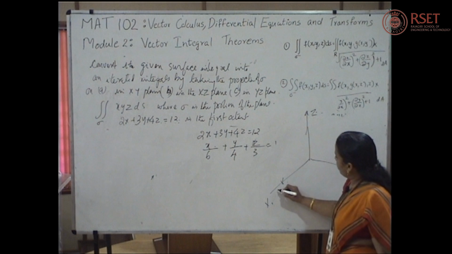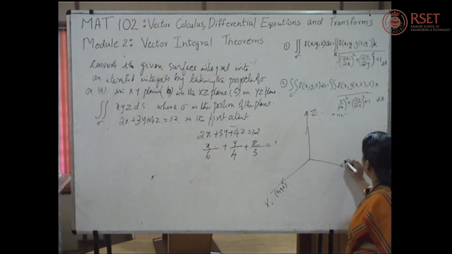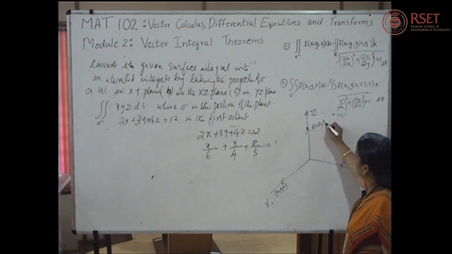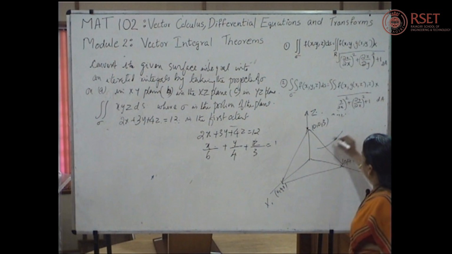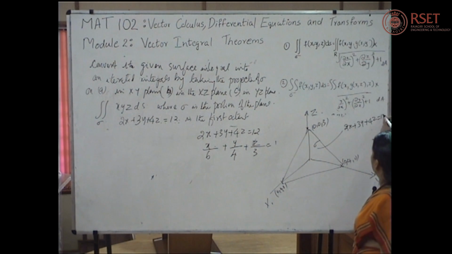The x-intercept is at 6, 0, 0, y-intercept at 0, 4, 0 and z-intercept at 0, 0, 3. This is sigma. Sigma is 2x plus 3y plus 4z is equal to 12.